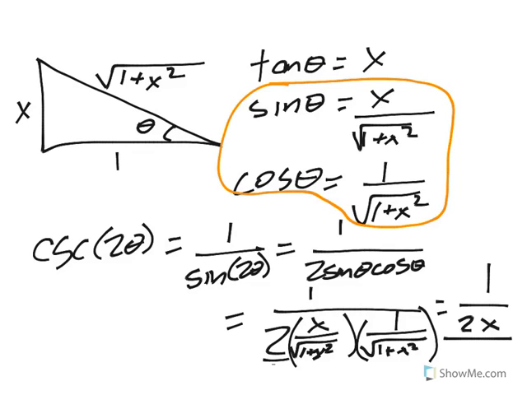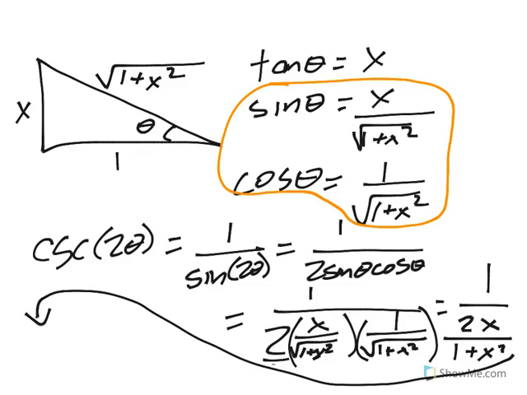And then square root of 1 plus x squared times square root of 1 plus x squared, that's just 1 plus x squared in the denominator. Well, wait a minute, 1 over a fraction is just the reciprocal of that fraction. So 1 over 2x over 1 plus x squared is 1 plus x squared over 2x.